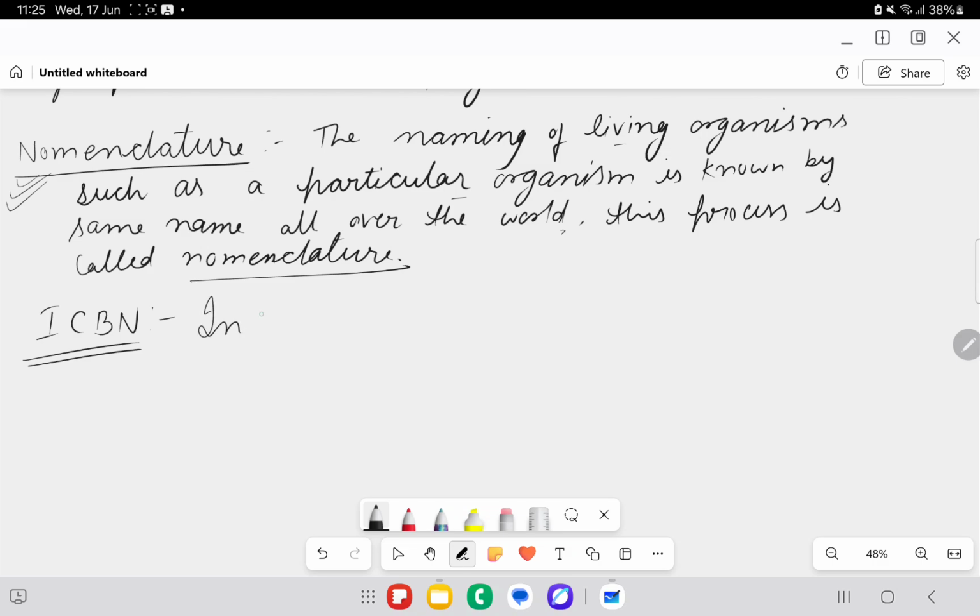It's elaborated as the International Code for Biological Nomenclature.